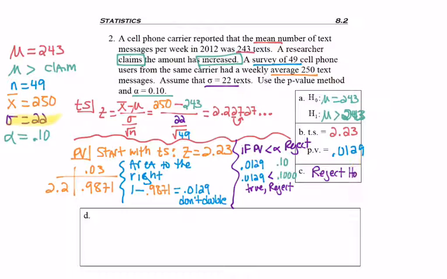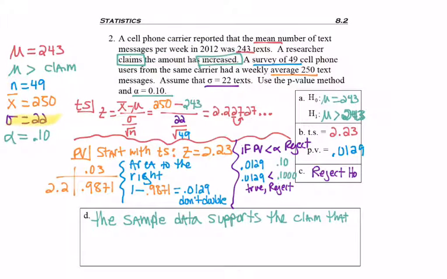And now I need to go for my final conclusion. If my claim was H1 and I rejected H0, my final conclusion starts off: the sample data supports the claim that, and now I want a comprehensive sentence that clears up everything. Up here it says claims that the amount has increased, but that's a little vague.